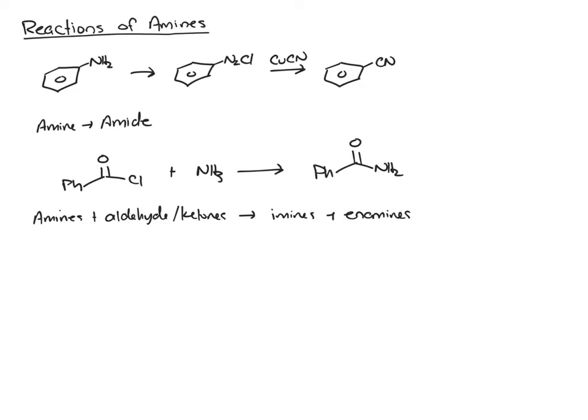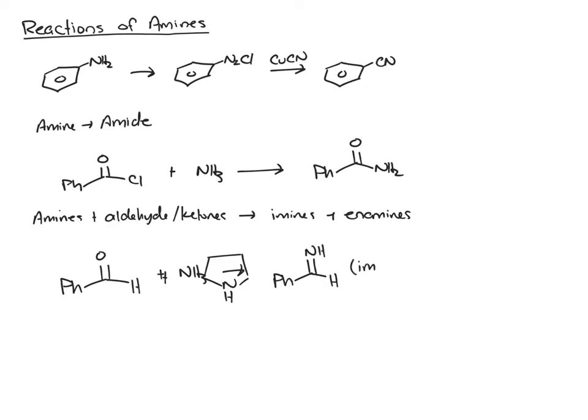Just one review example for that: benzaldehyde, and for this we'll just keep it simple and use ammonia as our amine. Here we get an imine. So those are a few of the things we've already done with amines.